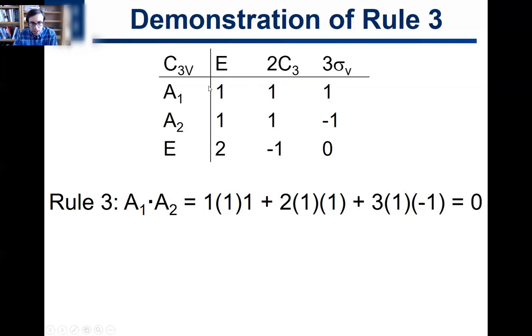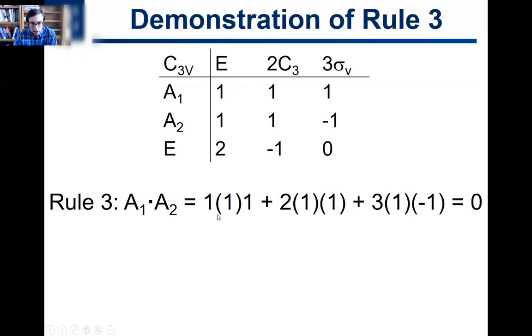So we have 1, 1, and 1. First, because we're multiplying, let's actually back up. Since we're multiplying by the symmetry element coefficients 1, 2, and 3, I have 1, 2, and 3 there. And then I just multiply in the irreducible representation. So I'm checking A1 and A2.